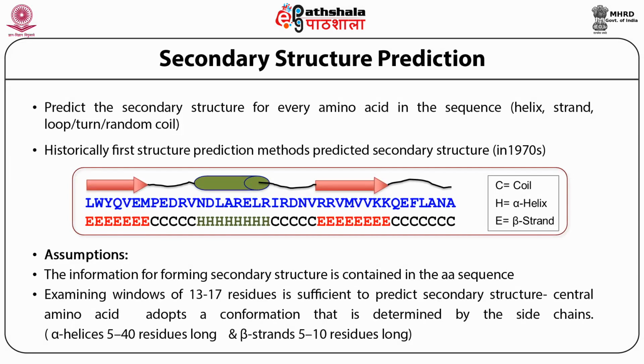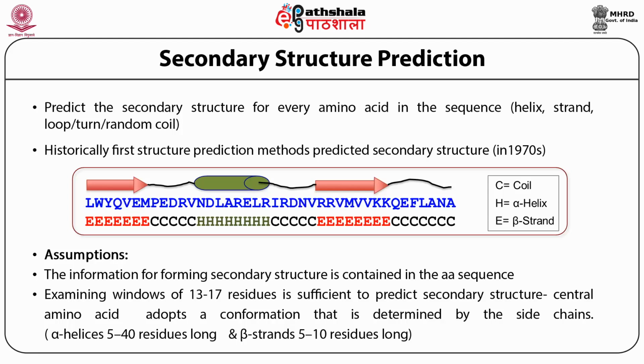Towards the goal of three-dimensional structure prediction, secondary structure prediction aims to predict the secondary structures of protein sequences based only on the knowledge from the primary structure. That is, predicting the secondary structure for every amino acid in the sequence, such as helix, strand, loop, turn, and coil.